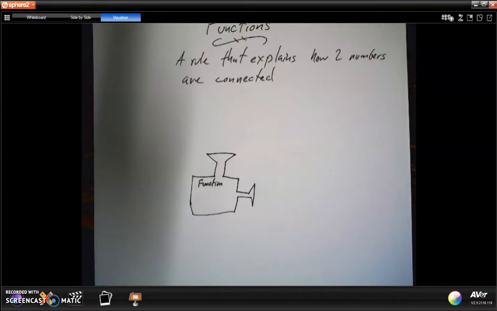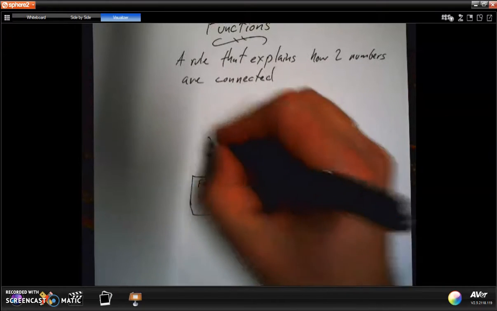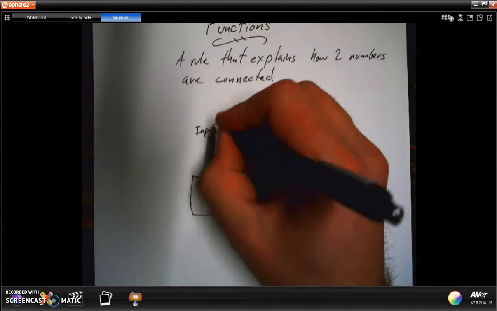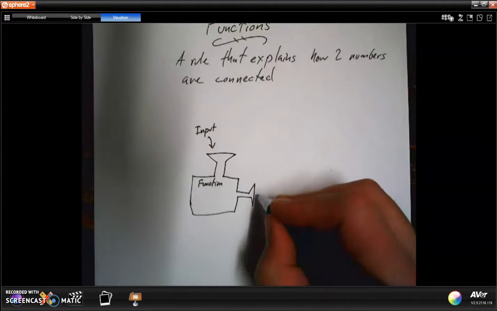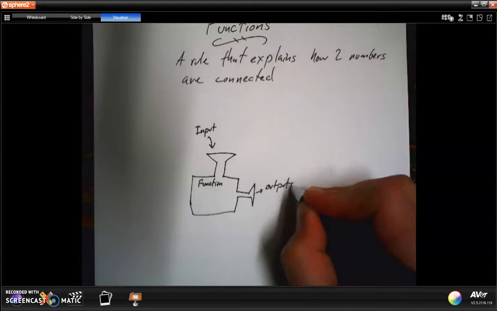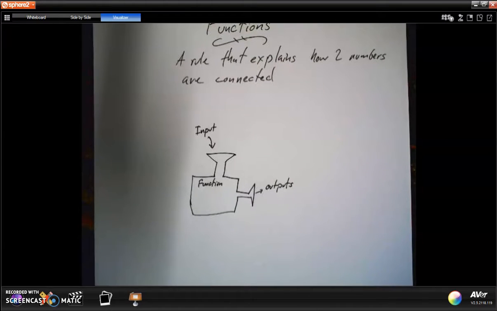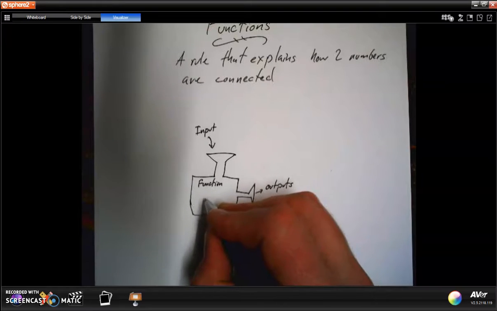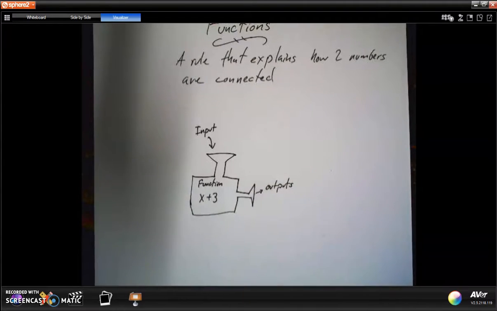A function machine works like this: you plug things in, they call the inputs, and you get things out. We call those the outputs. So for example, if my function machine had the rule, whatever you plug in, you add 3 to it.